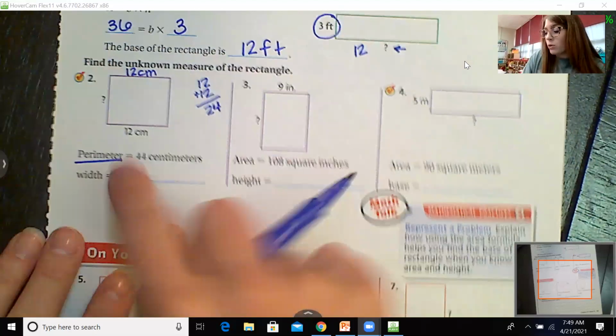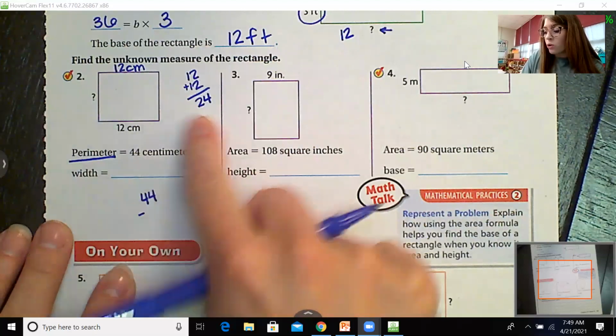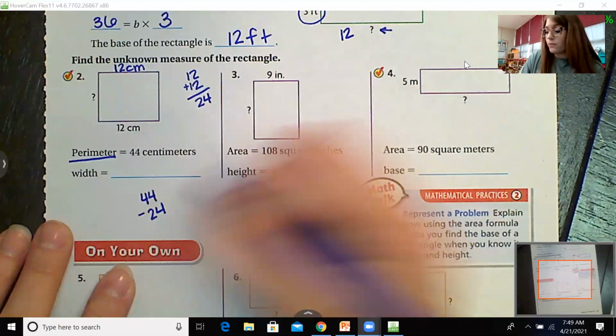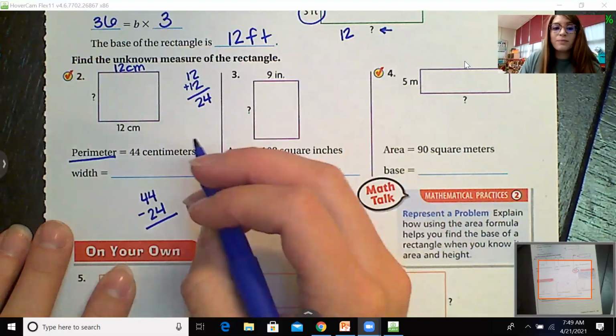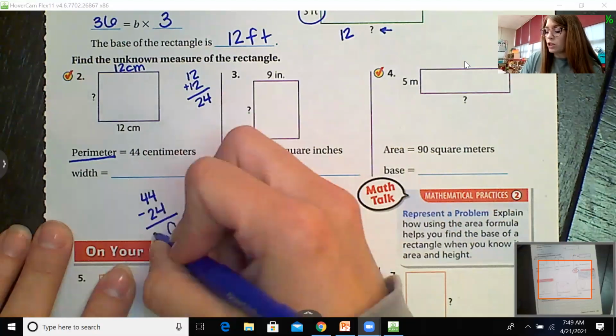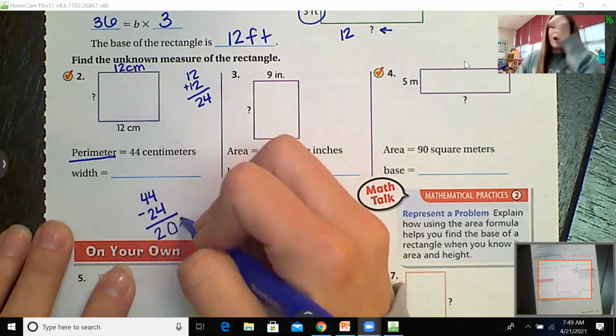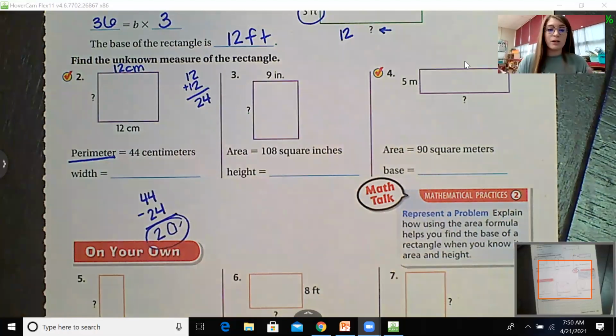So I'm going to take my total of 44 and subtract the total of the sides that I do know. 44 minus 24 is, very good, 4 minus 4 is 0, and 4 minus 2 is 2. So I've got 20 unaccounted centimeters left to figure out.